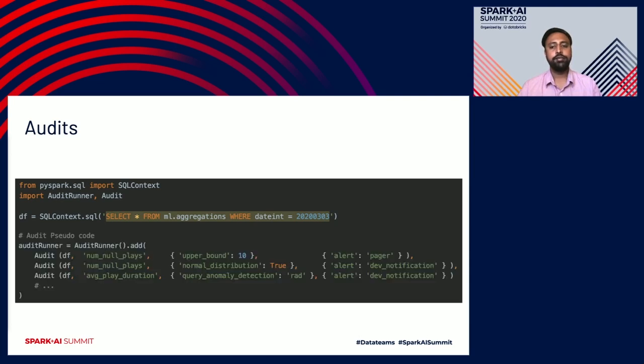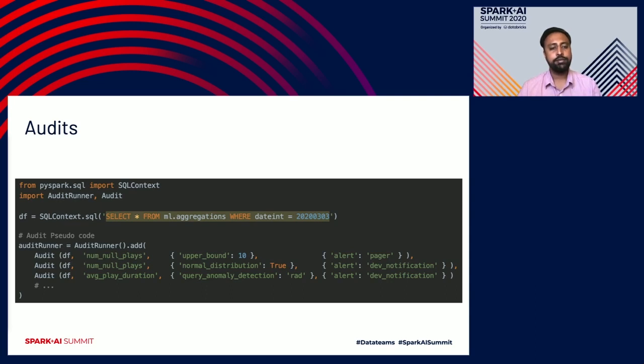Then we have this pseudocode that represents the DSL that I was talking about. At Netflix, we have a DSL written by the data platform team, so shout out to them. Although this code is not the same DSL that we use, it should give you an idea of how to structure your audits when you're building them up.